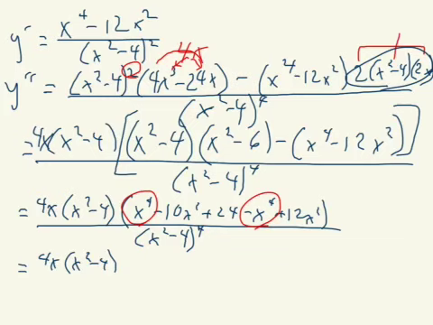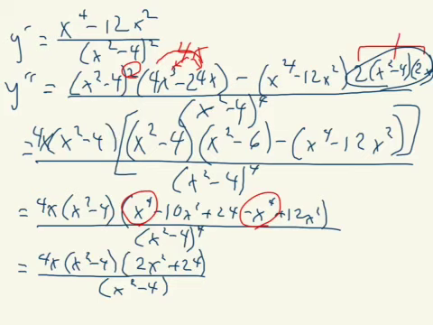So we have times 2x squared plus 24 all over x squared minus 4 to the fourth.